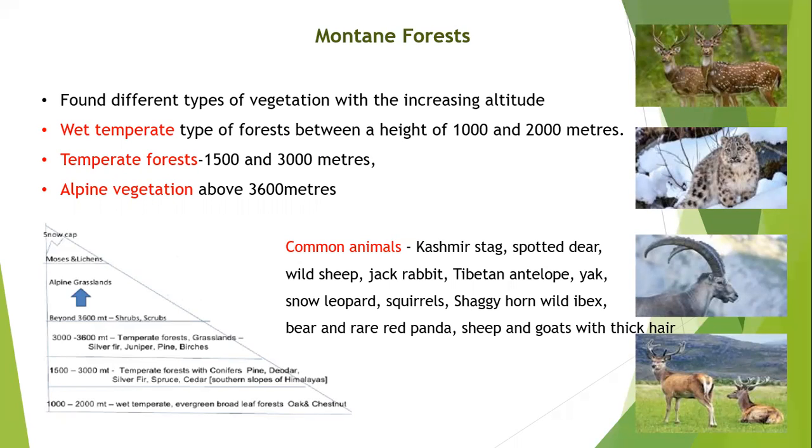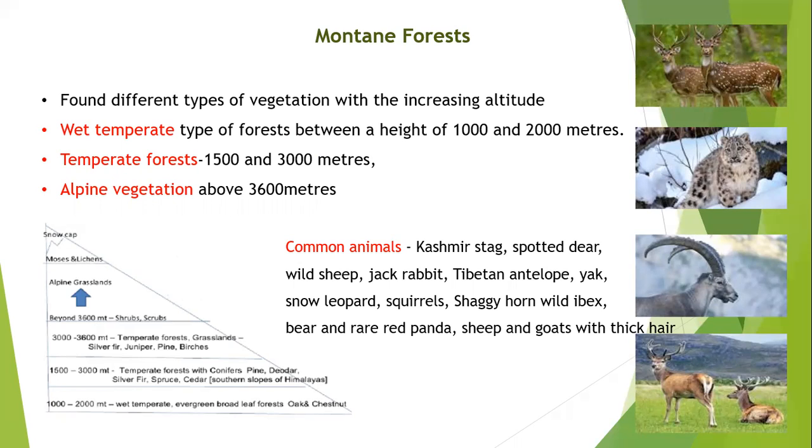At higher altitudes, the grasslands are found. And in regions above 3,600 meters, the alpine vegetation is seen. The tree species found here are the silver fir, junipers, pines, and birches. These are used by the nomadic herders for grazing purposes.